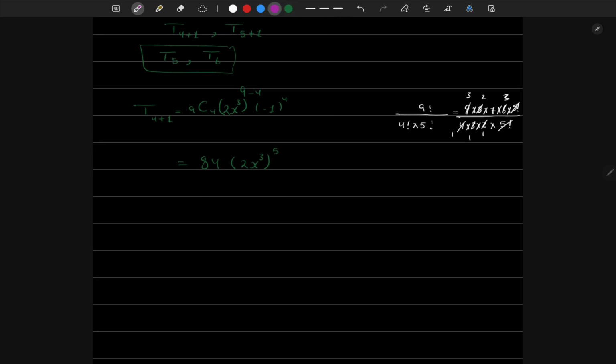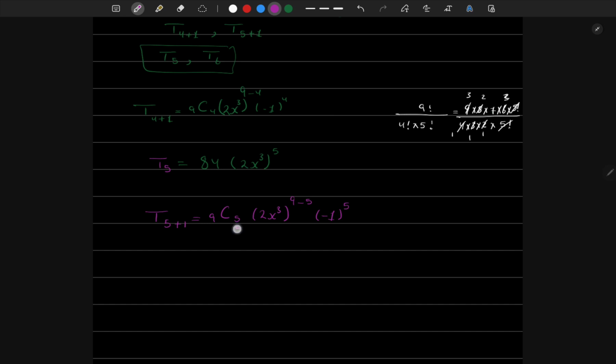Now for the second one, this is the first middle term, which is the fifth term. Now for the sixth term, which is going to be t5 plus 1, it's going to equal 9c5 multiplied by 2x cubed all to the power of 9 minus 5 multiplied by negative 1 to the power of 5.